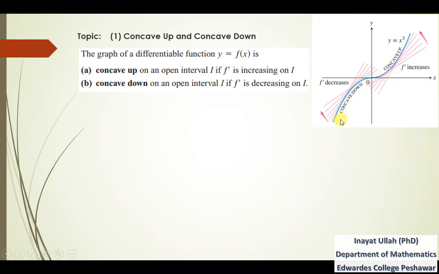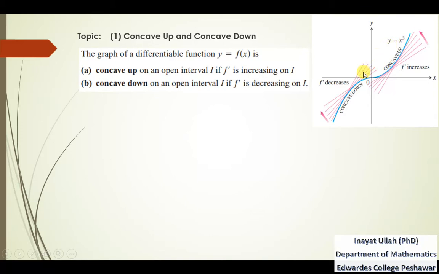That portion which opens downward is said to be concave down, and that portion which opens upward is said to be concave up. This is the graph of the function y equals x cube.